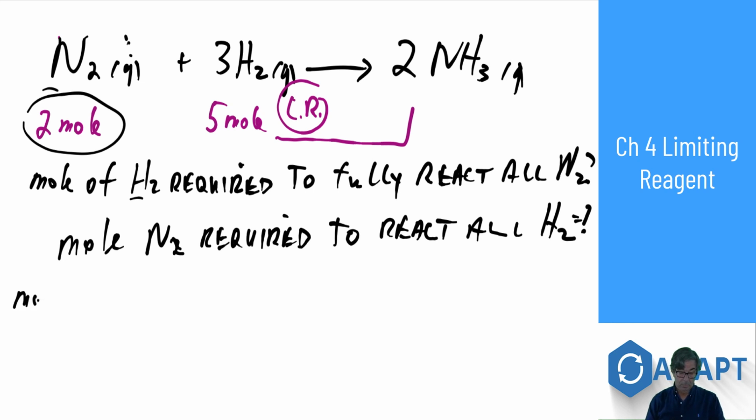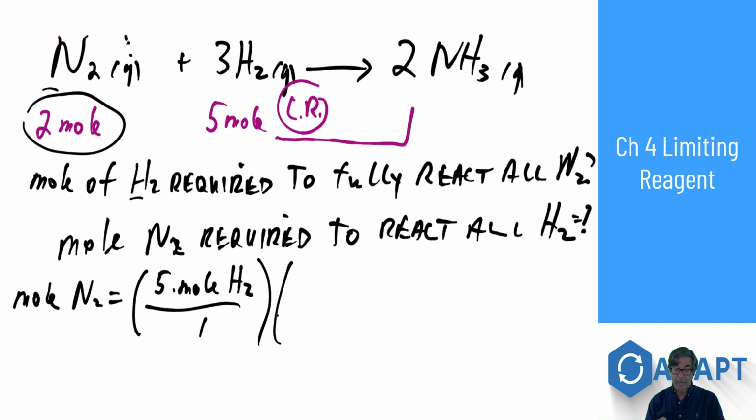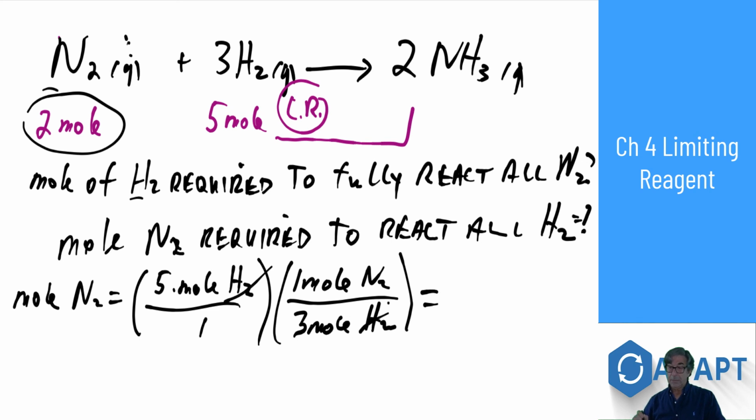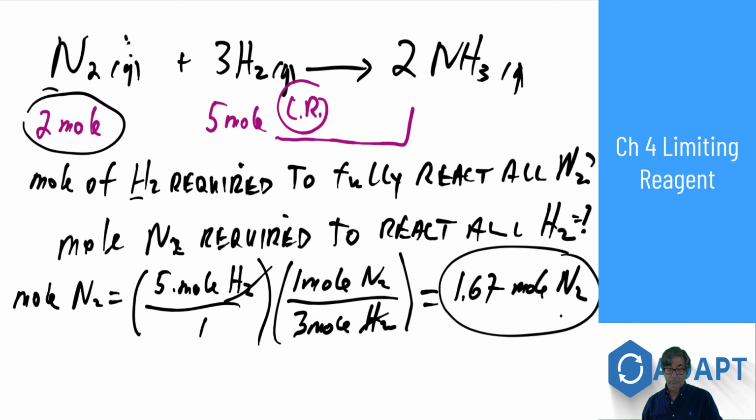So moles of N2 equals, well, we have 5 moles of H2. Place it over 1. We have our 1:3 ratio, where we have 1 mole of N2 for every 3 moles of H2. And so how many moles of N2 will react with all the H2? 1.67. So 1.67 moles of N2 will fully react.